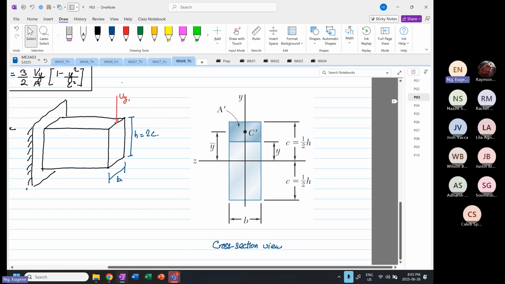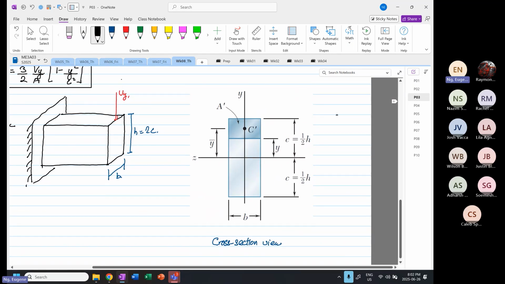So what we have over here, the shaded region, shaded region A, is the area of interest, okay? So the area of interest is controlled by what? By y, okay?